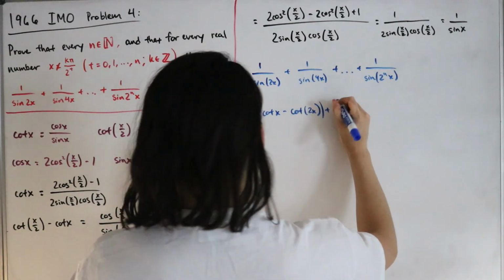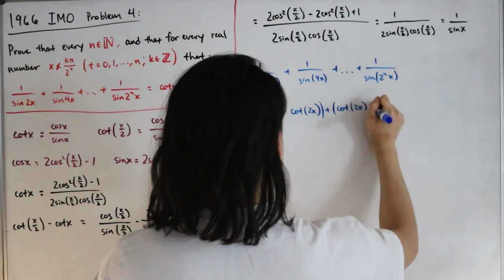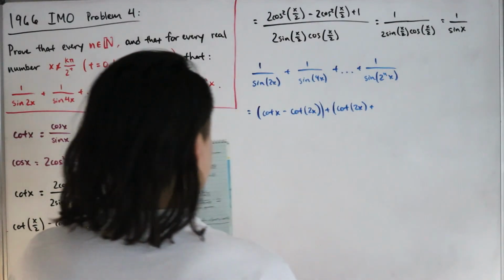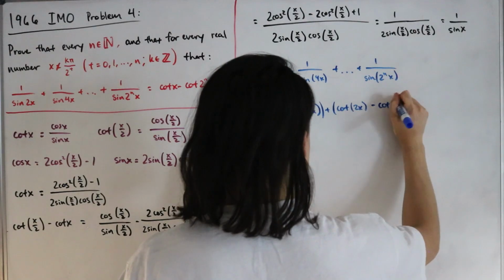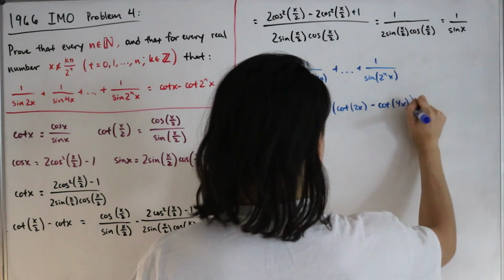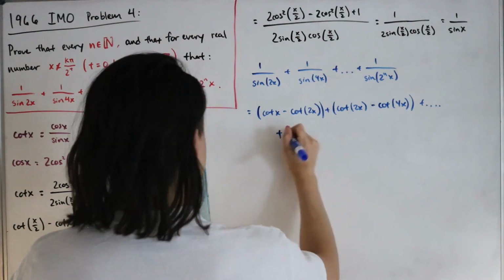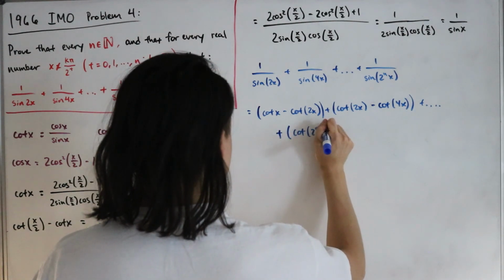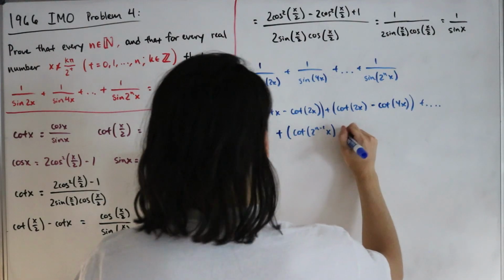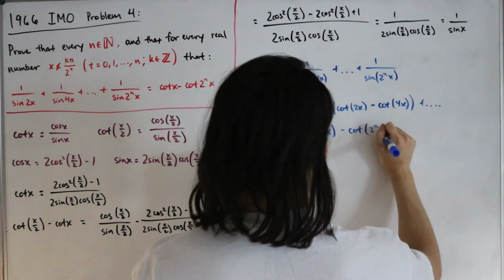Add this with now just cotangent of 2x, minus cotangent of 4x, dot, dot, dot. And then all the way up to the final term, we have cotangent of 2 to the power n minus 1 times x, and then subtract cotangent of 2 to the power n times x.